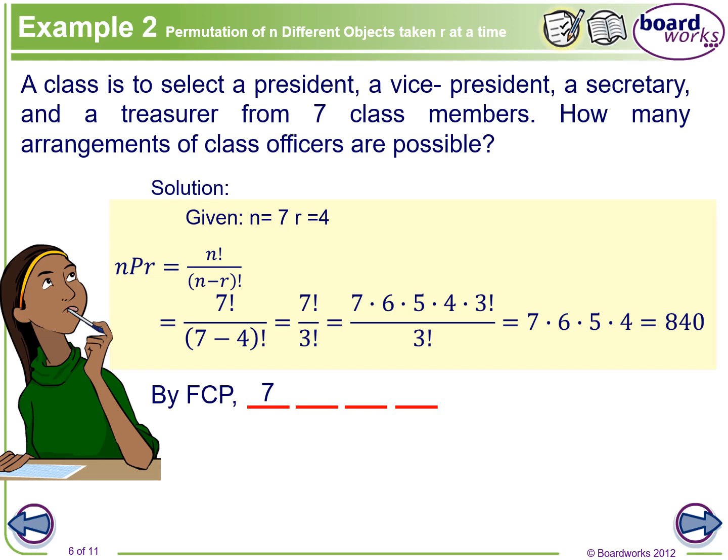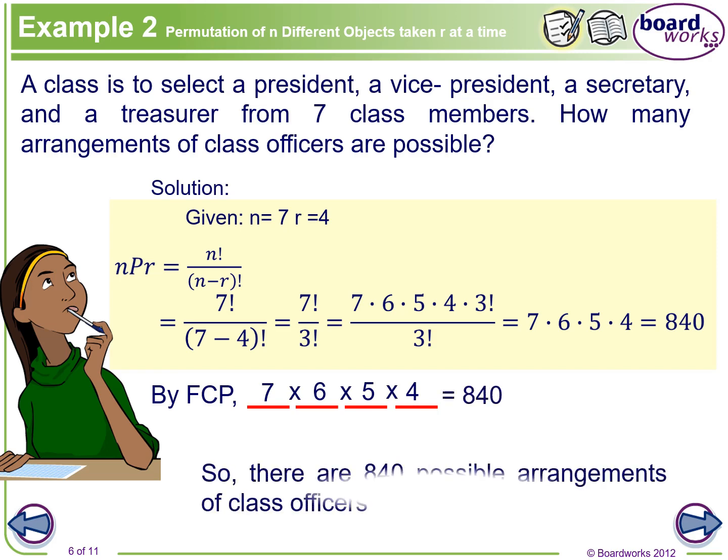There will be 6, right? Because you already have a president, so the president will not be elected anymore for vice president. So 6 for vice president, 5 for secretary, 4 for treasurer. When you multiply that, it equals 840. Therefore, there are 840 possible arrangements of class officers.